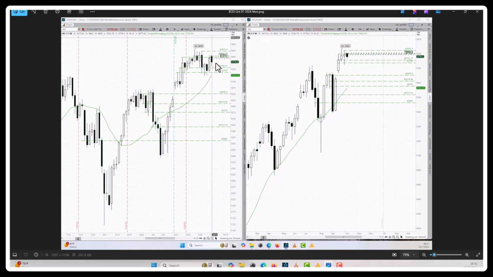So we see the range right there. That is the range we're looking at, and we're looking for it to touch this. You see that a lot of the time it reached the low of the range at 57.37, and then it reversed.